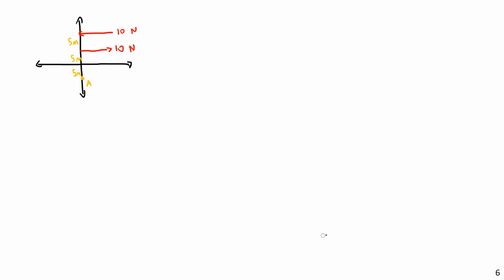So I want to see what happens when we take the moment of these two forces about the origin and the moment about point A and see if we get the same result. Because again, if a couple is a pure liberated rotation, or if it's a free vector, it shouldn't matter where we take moments about, we should get the same result.